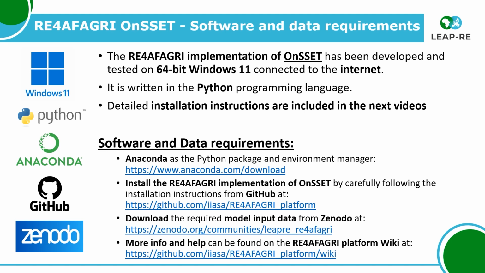The minimum requirements can be generally described as requiring Anaconda for the Python package environment management, to get and install the RE4AFAGRi implementation of Onset from the GitHub repository, to download the required model input data from Zenodo, and more info and help can be found on the RE4AFAGRi platform Wikipedia page.